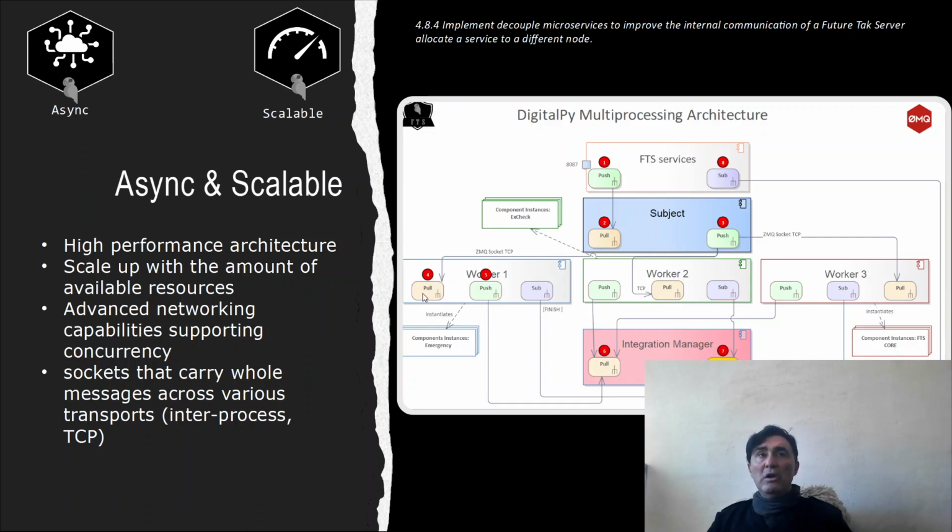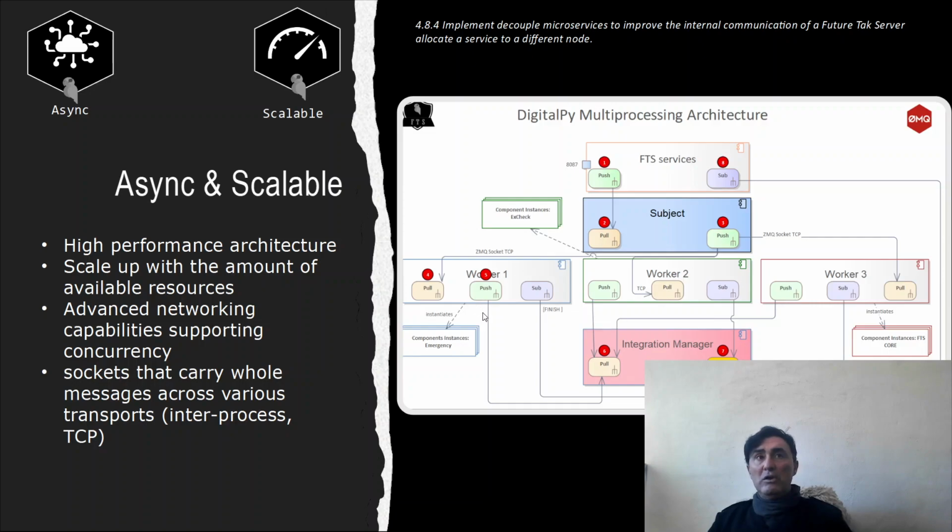The worker will provide all the components. For example, worker 1 here is trying to solve the emergency. Emergency is one of the features of FTS. Worker 2 is doing something with chat, and worker 3 is performing some core activities such as login, logout, and so on.